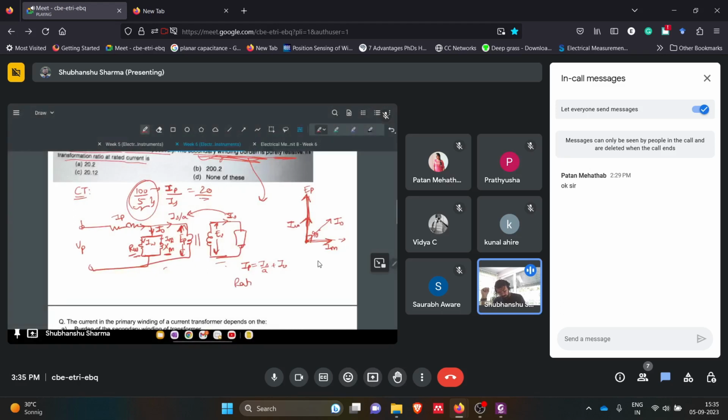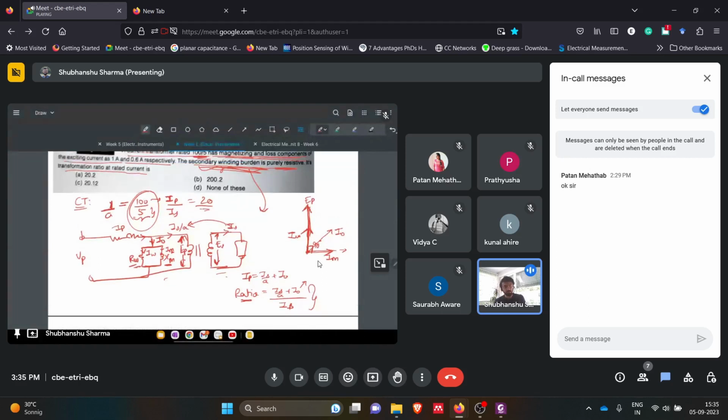The ratio will be IS by A plus I naught divided by IS. So because of this I naught, there will be this ratio error, and that is what we have to calculate.